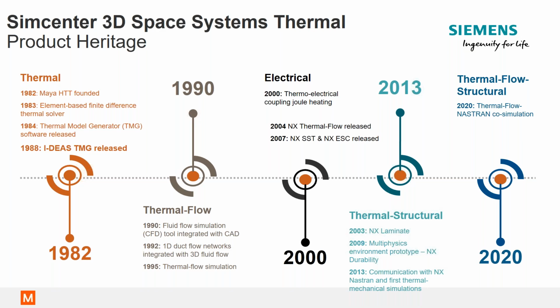IDEAS TMG was first released in 1988, and it actually still remains today, under the Simcenter brand, the only spacecraft thermal analysis code that is fully embedded in a CAD CAE platform. To make a long story short, SDRC was bought by UG and now belongs to Siemens.